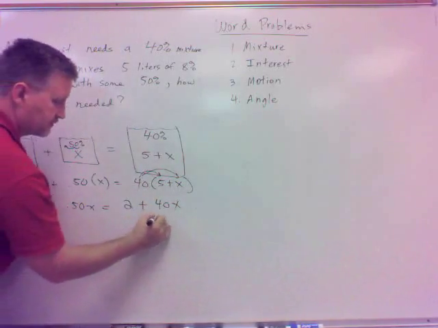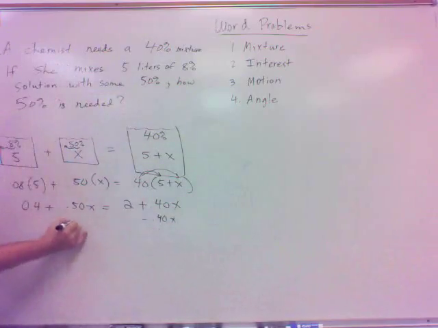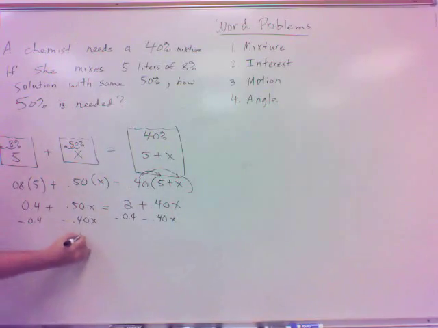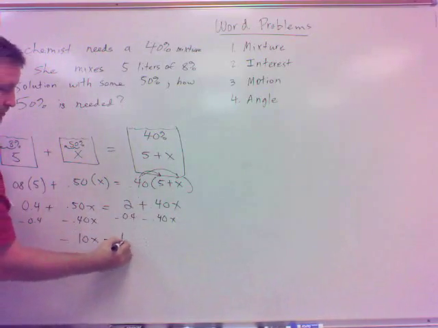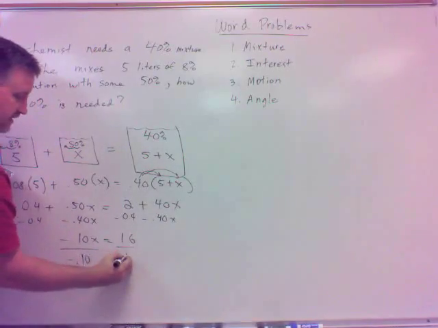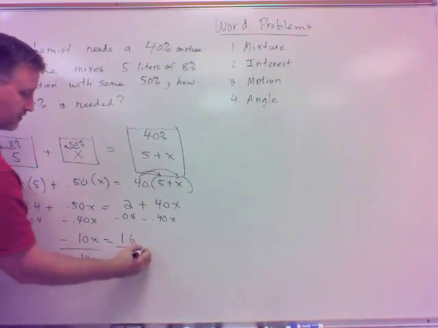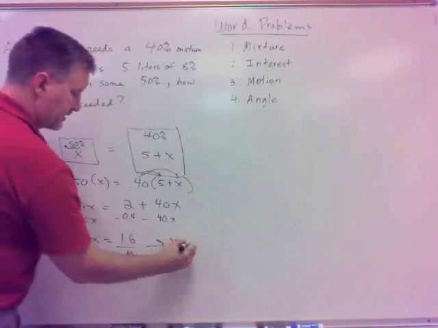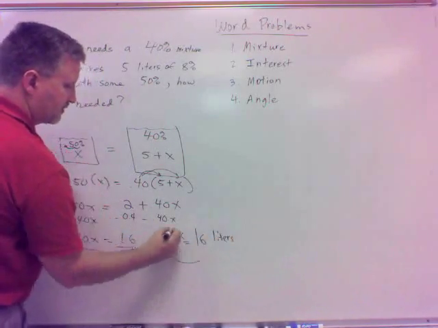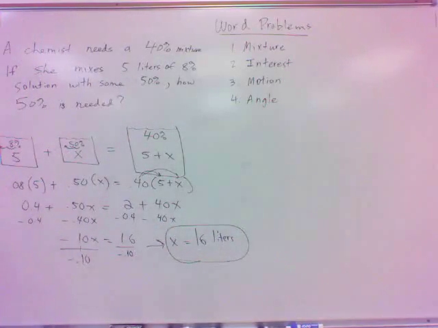Get the x terms on one side, so I'm going to subtract my 0.40x and subtract my 0.4 to get the constants on the other side. So that's 0.10x equals 1.6. If I divide by 0.10, that gives me a nice little x of 16 liters. So I need quite a bit of the 50% there. Is that okay?